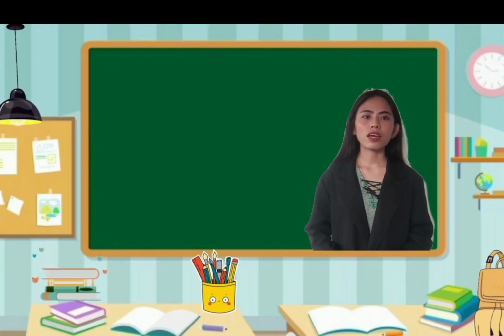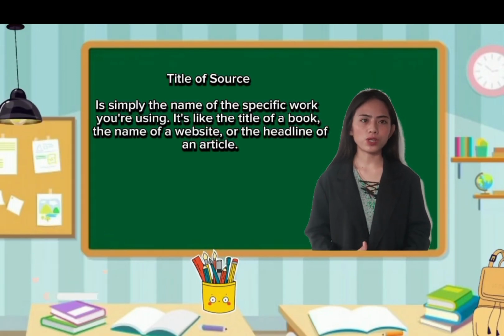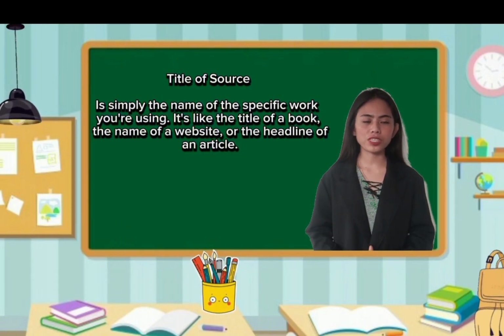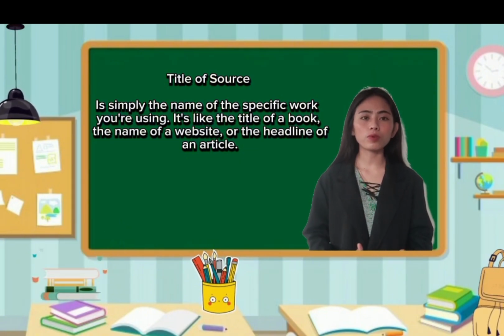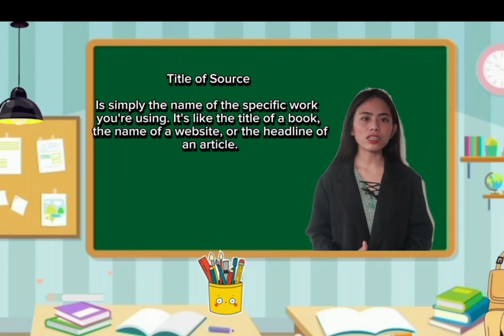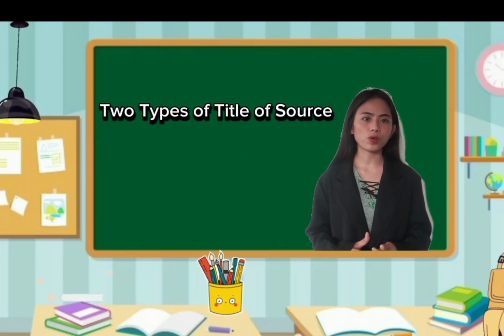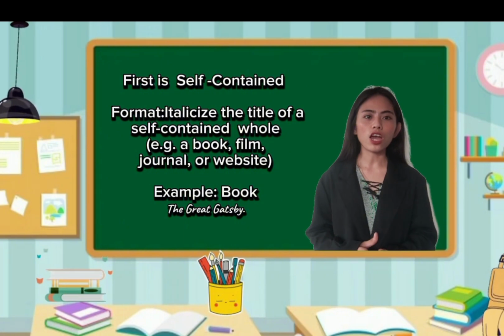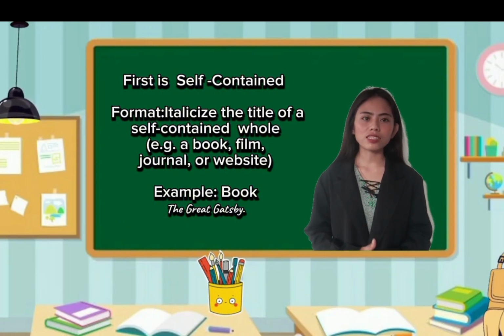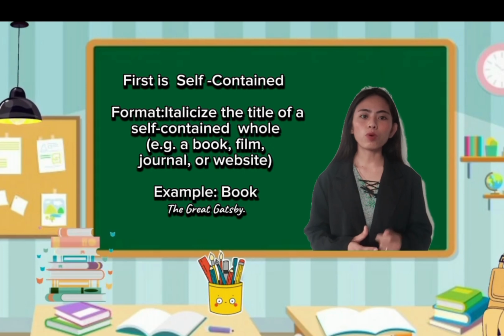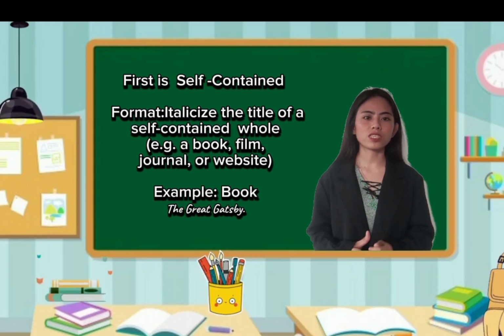The second element is the title of source. It's simply the name of the specific work you're using. It's like the title of a book, the name of a website, or the headline of an article. There are two types of title of source. First is self-contained. Format: italicize the title of a self-contained whole, like a book, film, journal, or website.